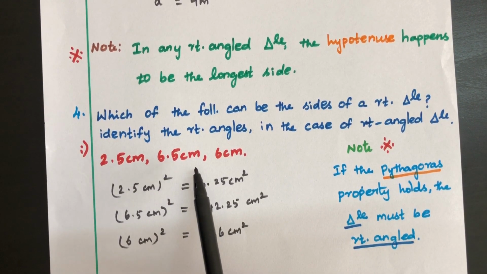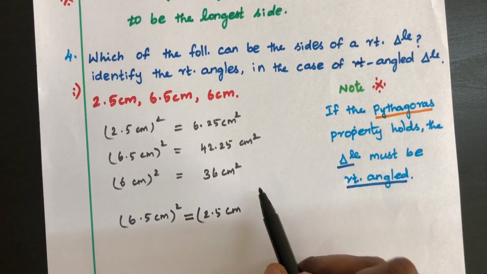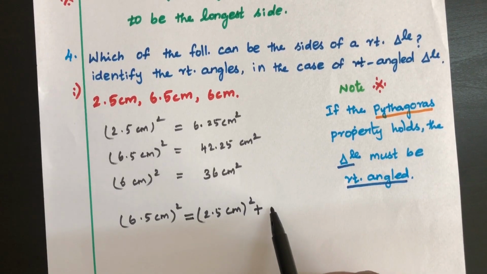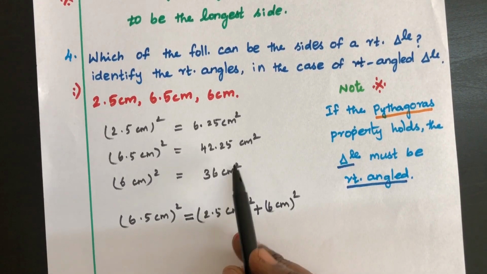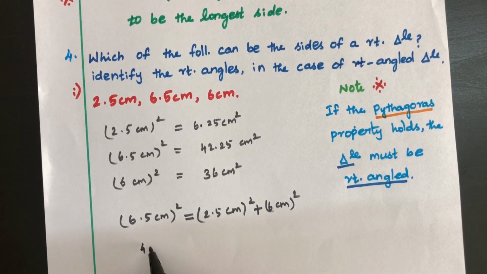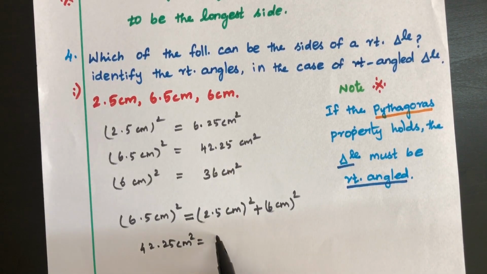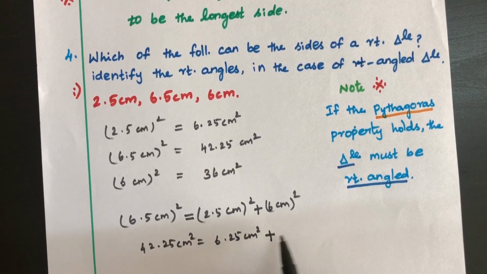So if it is the longest side, the square of the length of the hypotenuse is equal to the sum of the squares of the other two sides, 6 centimeter the whole square. So this is 42.25 centimeter square. So we will check with these values. 6.25 centimeter square plus 36 centimeter square.